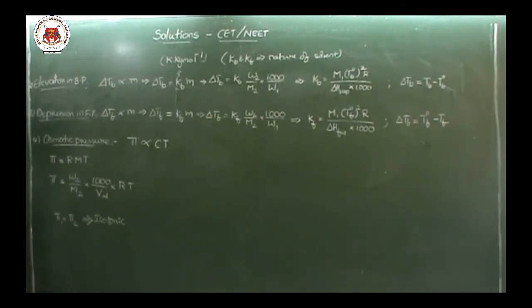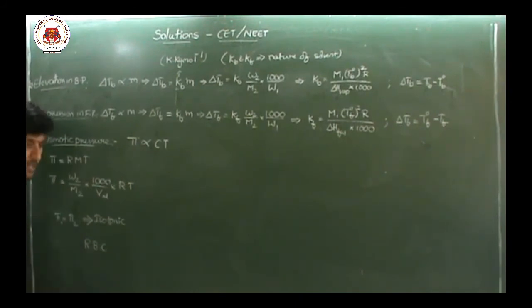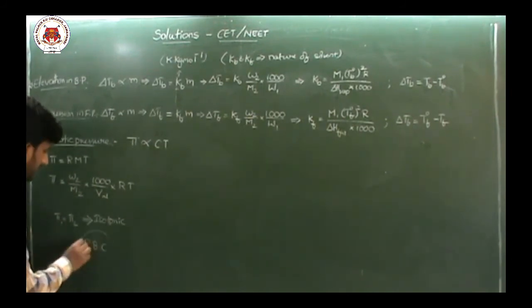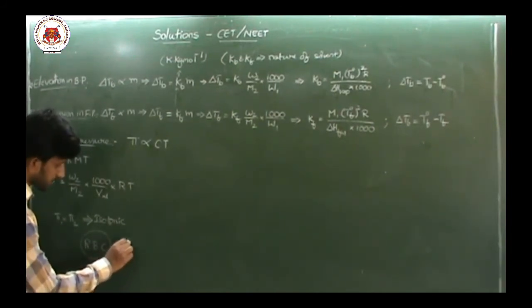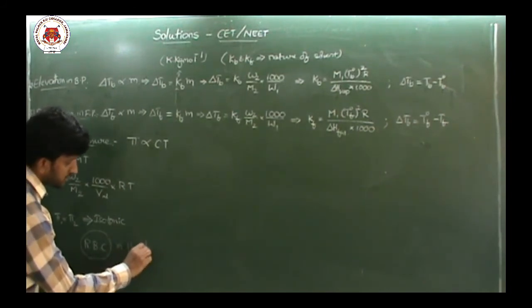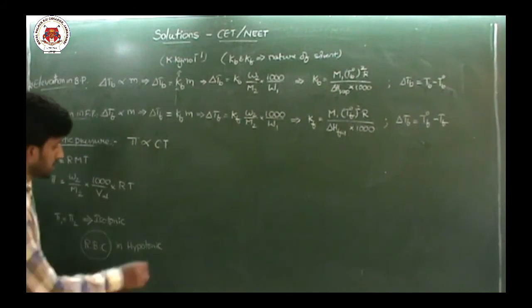This same thing we applied for RBC placed in different saline solutions of different concentration. RBC actually has a 0.9% NaCl concentration, weight by volume. So whenever RBC is placed in a hypotonic solution, that means less than 0.9% saline, what will happen?